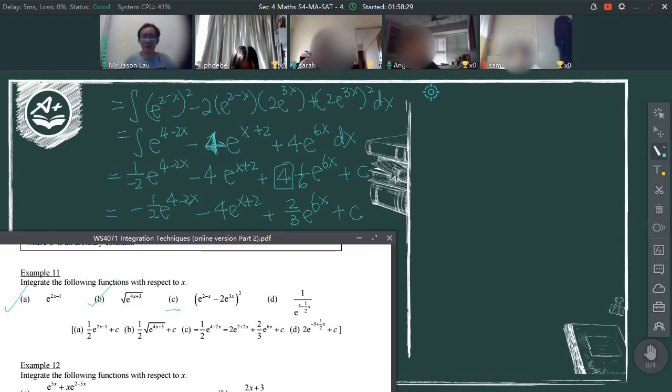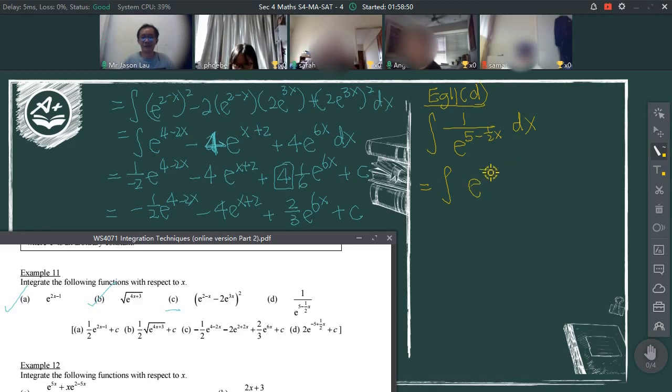Okay, remember your homework. Your homework is on the C just now, question 1 and 2. So lastly, D, integrate 1 over this thing. This one is actually nothing, just like the normal stuff.